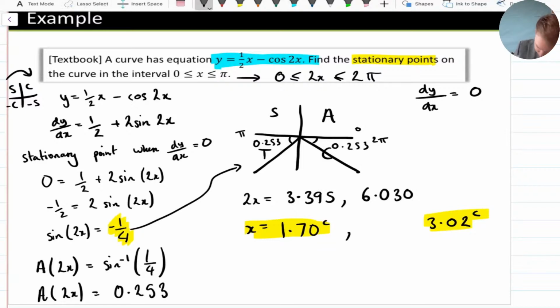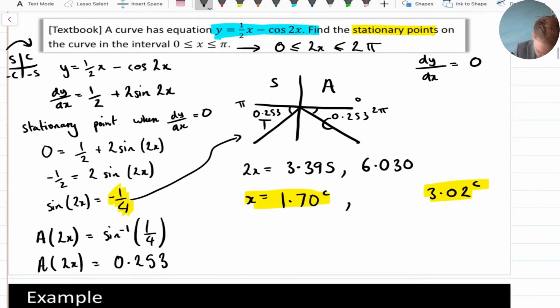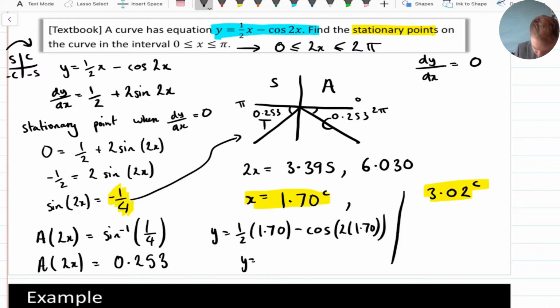So let's maybe split this up a little bit. Our first one is going to be y is equal to a half of 1.70 minus cos of 2 times 1.70, which in this case is y is equal to 1.82.